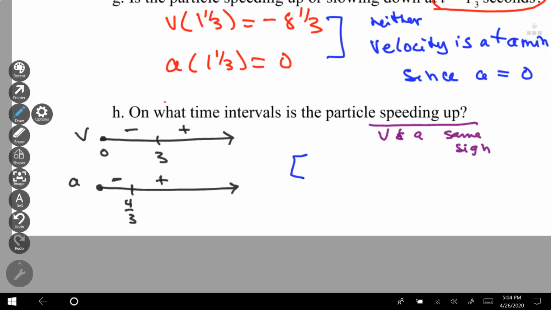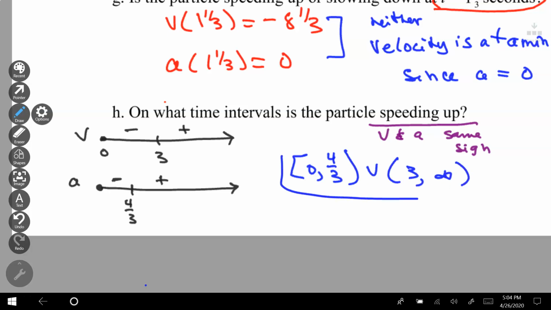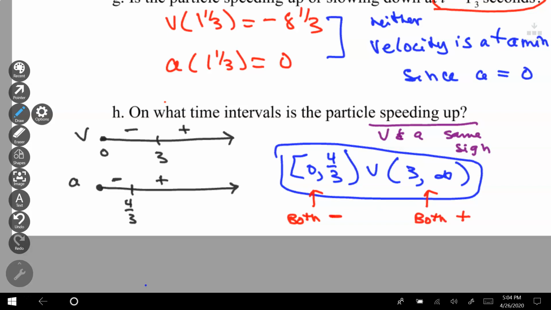So on the interval 0 to 4/3, not bracket, with union 3 to infinity, they have the same sign because here they're both negative, and on this interval they are both positive.